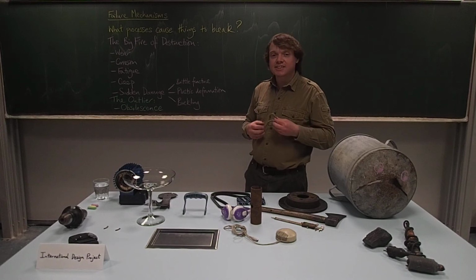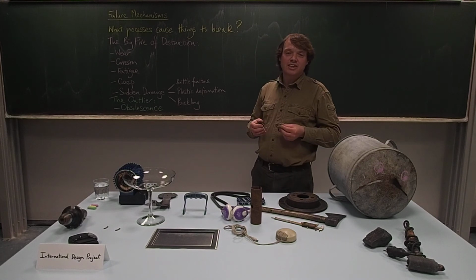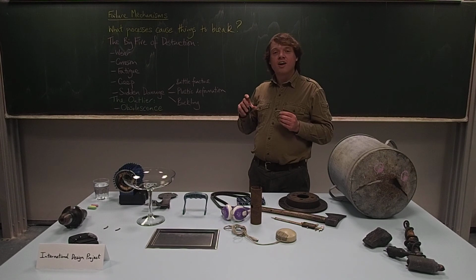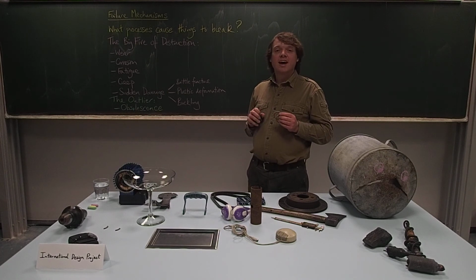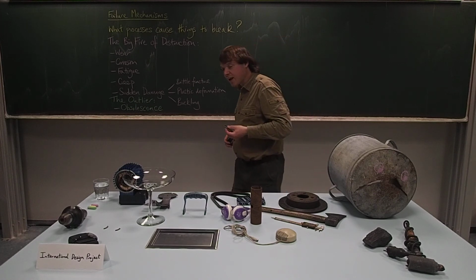If you're interested in failures of rubber, look at the Challenger Space Shuttle disaster from 1986. That was a loss of the resilience of the rubber O-rings caused by low temperatures. And one last one here.